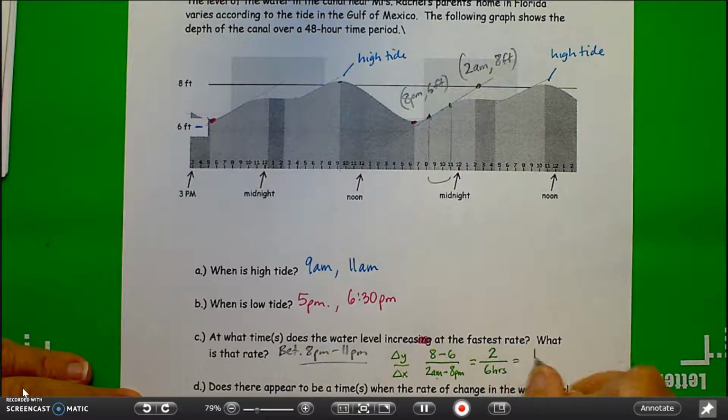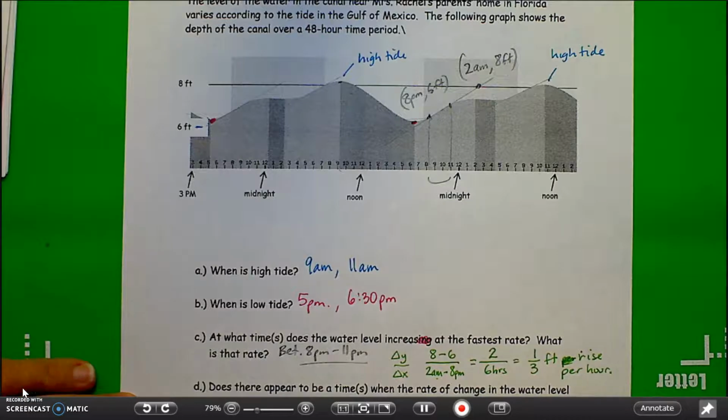So my increase is 1/3 foot rise, let's be specific, per hour. So that's our rate of change there.